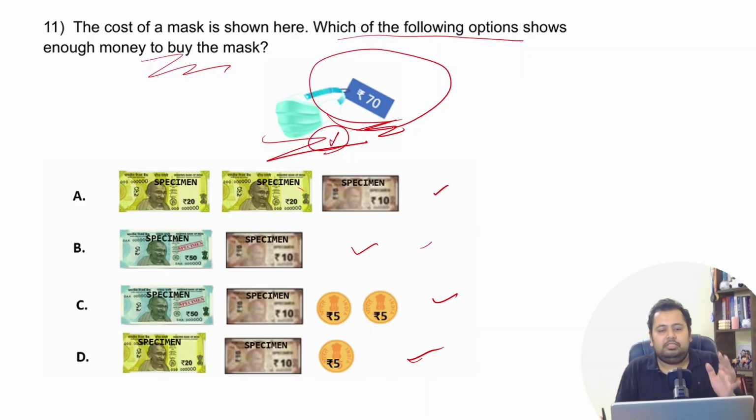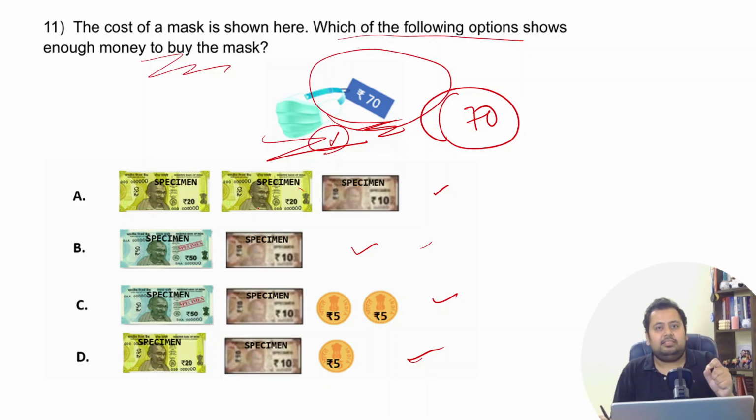Great. So if you see, the mask here costs rupees 70. So the option should have at least 70 rupees. It can be more than 70, but it should have at least 70 for the person to buy the mask. So option number A, let's find out how much money is being shown.